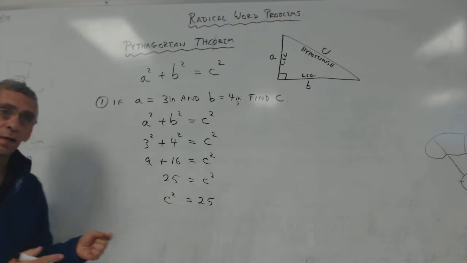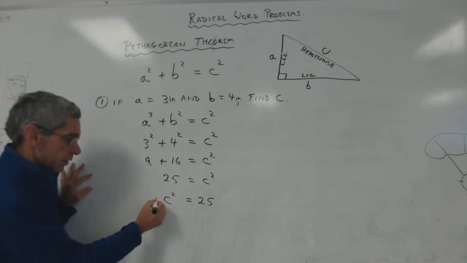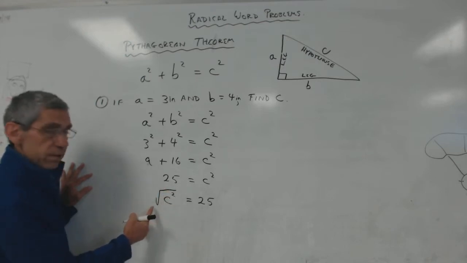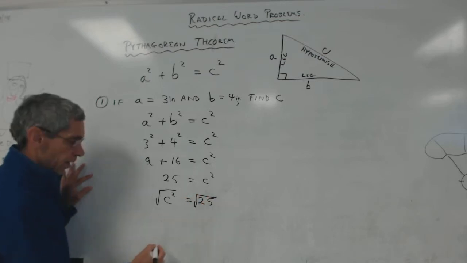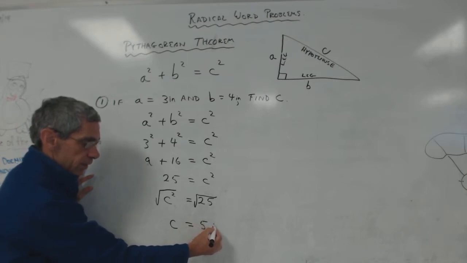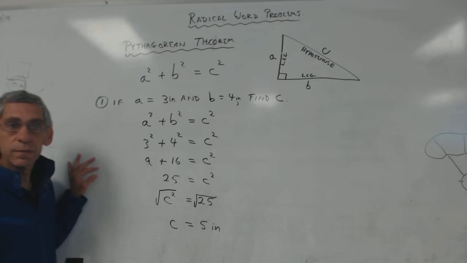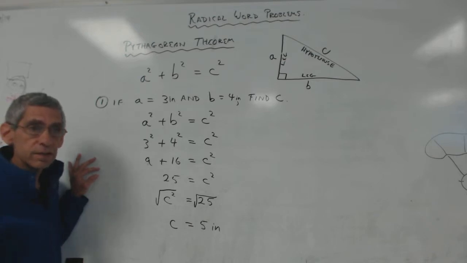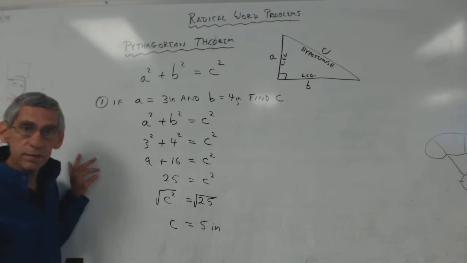A square root, right? If I want to take c squared and turn it into c, I would take the square root. But whatever I do to one side, I have to do to the other. So I have to take the square root of 25. So now c is equal to 5 inches. We've figured out that my hypotenuse is 5 inches when my legs are 3 inches and 4 inches. Does that make sense?